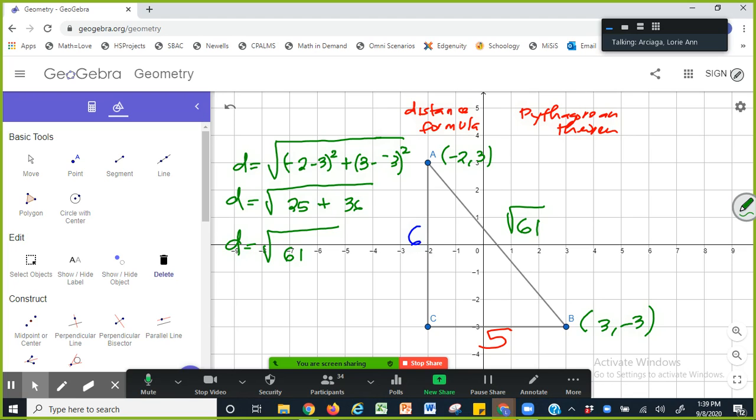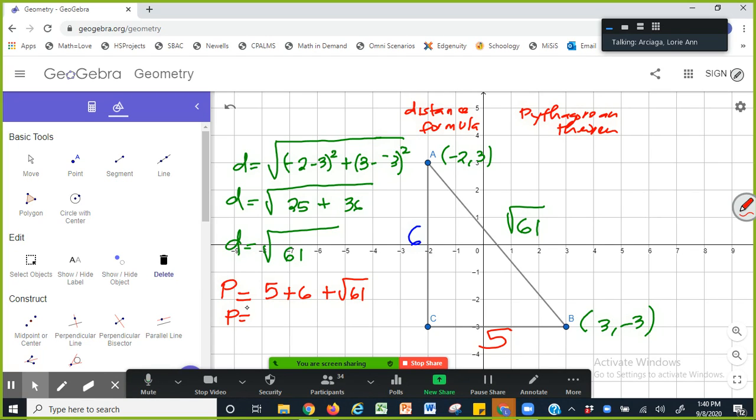All right, so how are we going to get the perimeter of that? To get the perimeter, you're going to add up all the sides. So perimeter, or P, is equal to, we're going to add 5 for the base, 6 for the height, and radical 61. 61 is not a perfect square, so we have to leave it like that. And we have to combine like terms.